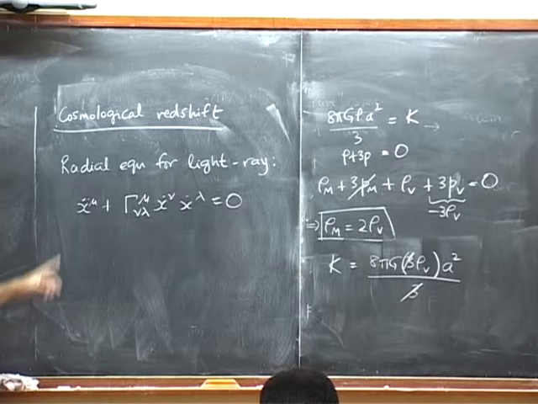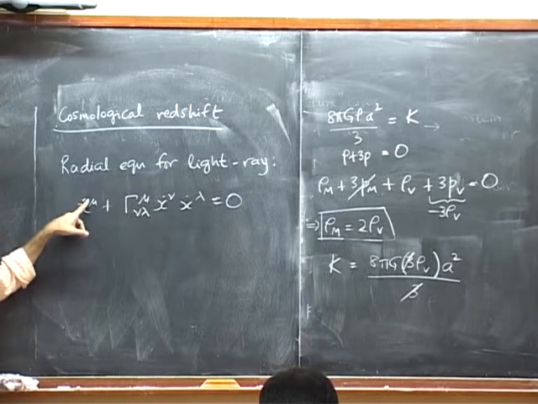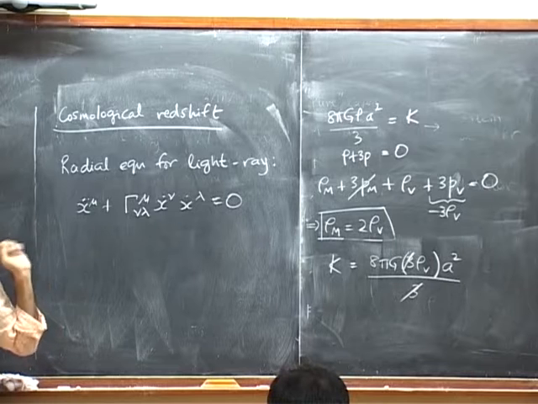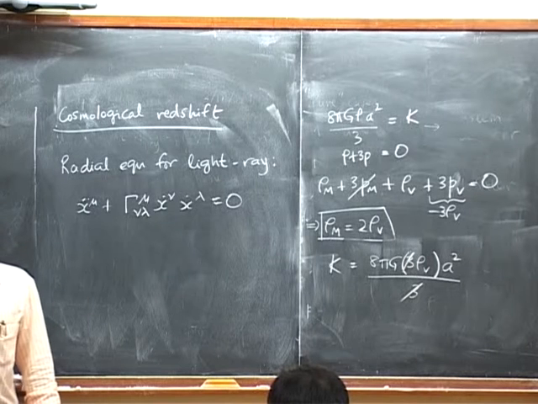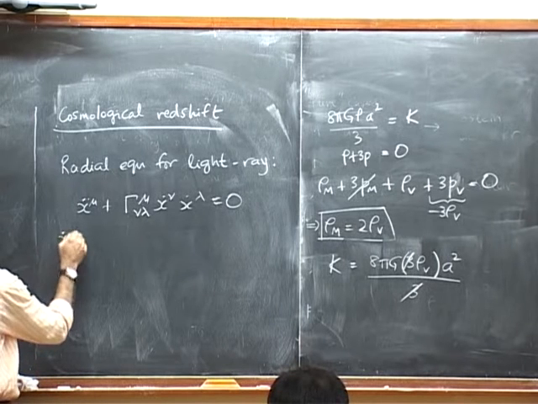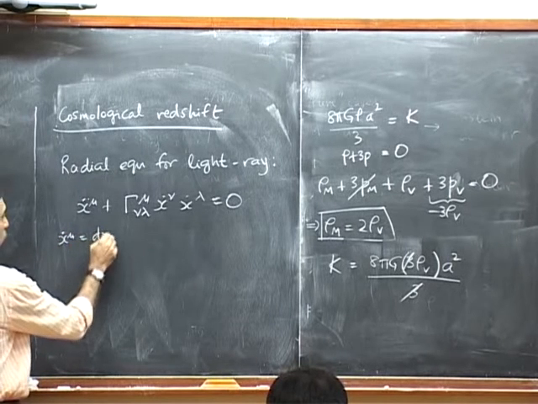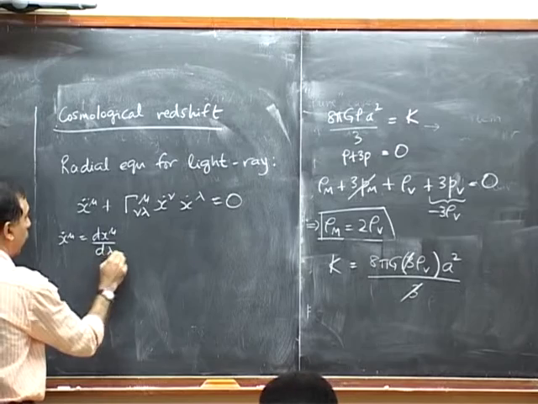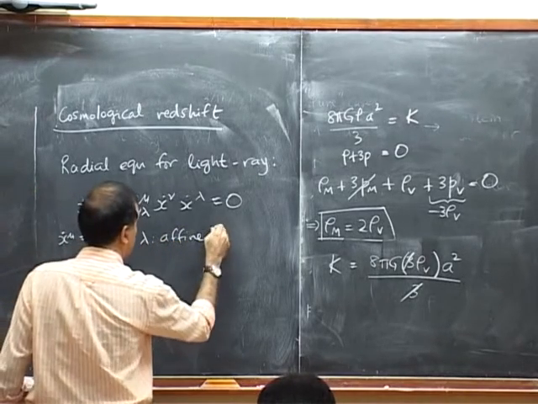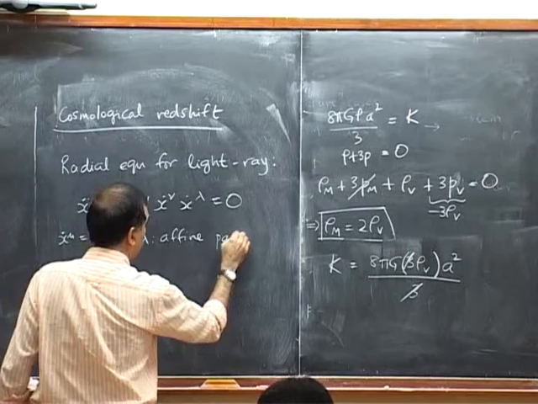The second thing to remember is that for a light ray, the dot is with respect to an arbitrary parameter called the affine parameter, which you should not think of as proper time. Okay? So we can give it an arbitrary name. Maybe I'll call it lambda. So x dot mu. Lambda is an affine parameter, and the equations really don't depend on the choice of lambda.